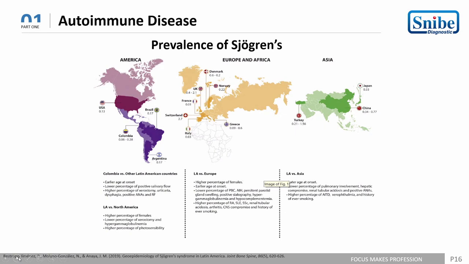Then in Europe and African countries, a higher percentage of females have a greater prevalence of Sjogren's as well. In Asian countries like Turkey, China, and Japan, they have a later age of onset, and a higher percentage of pulmonary involvement, hepatic compromise, renal tubular acidosis, and positive ANAs.